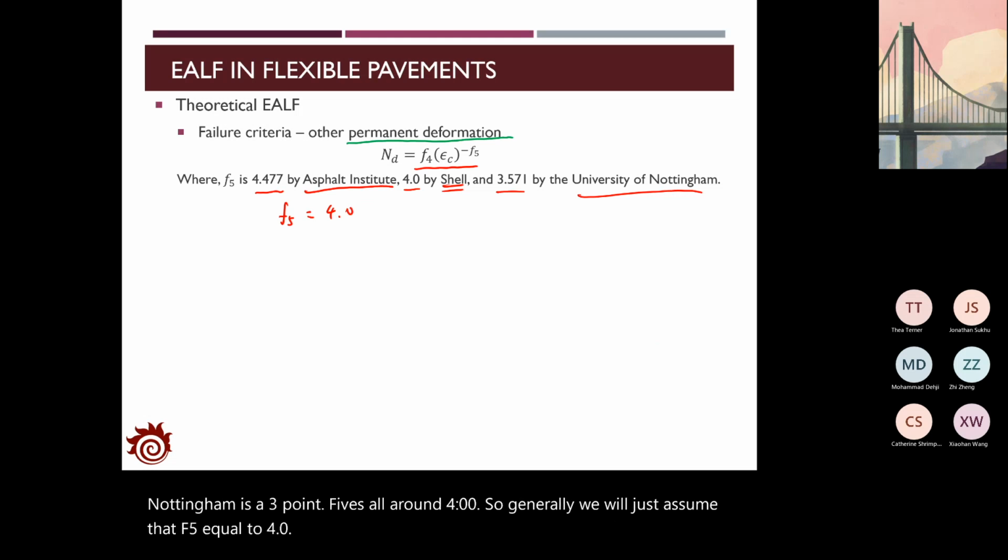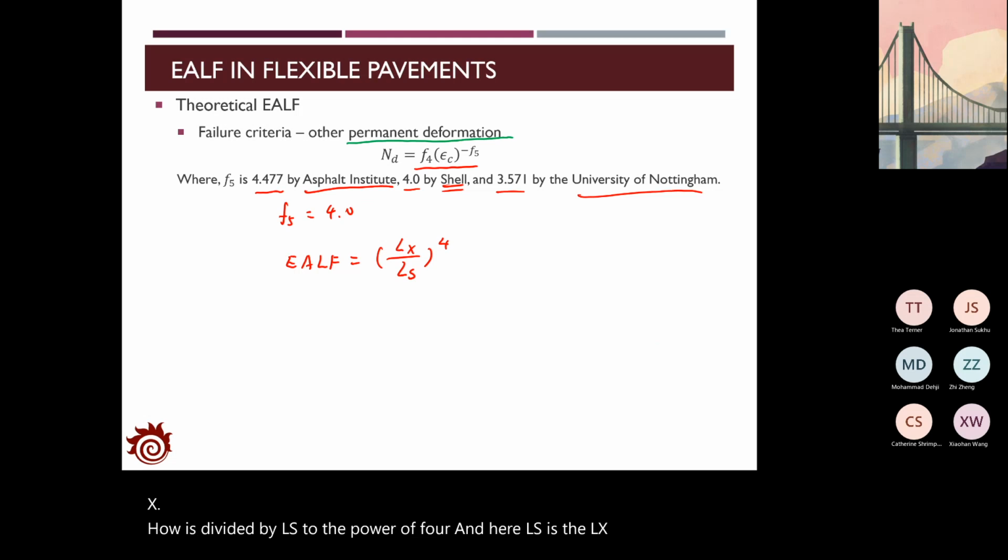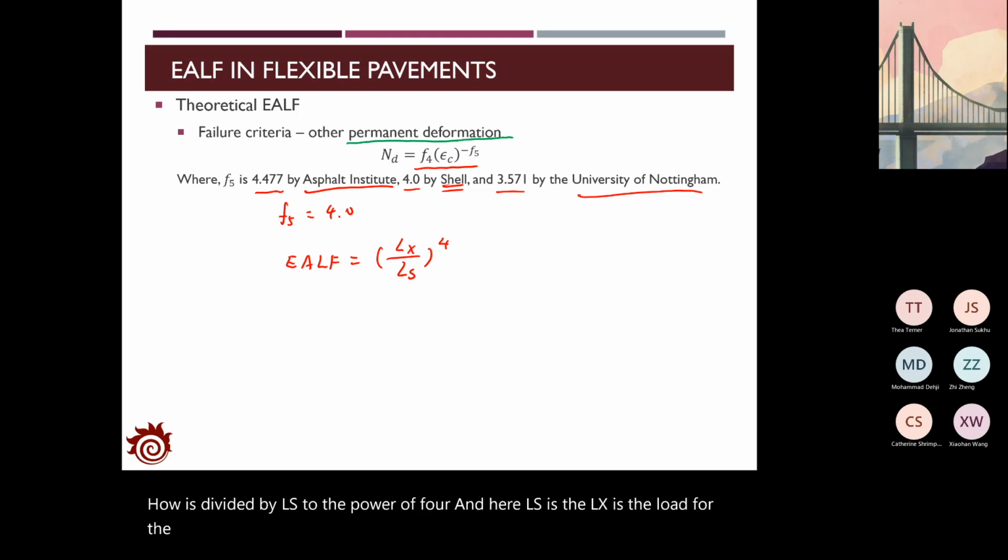And with that, we will have a similar result, EALF equal to LX divided by LS to the power of 4. And here LX is the load for different types of axles, and LS is the standard axle load.